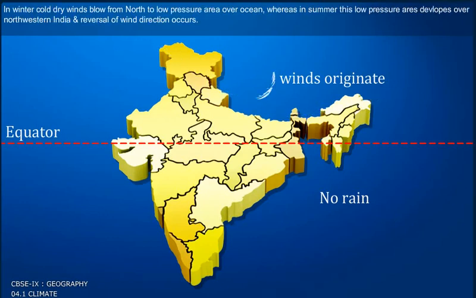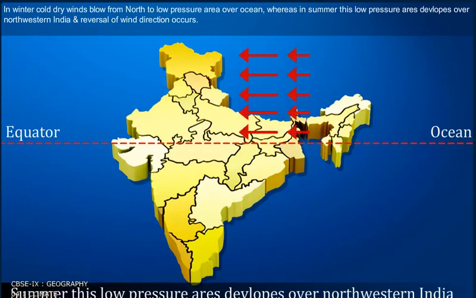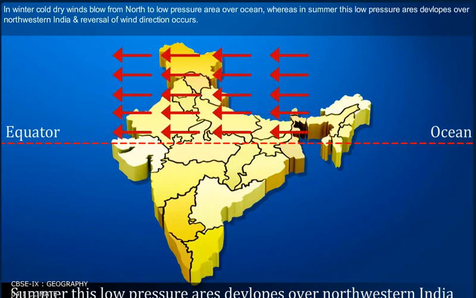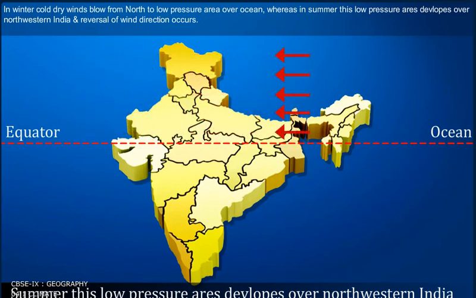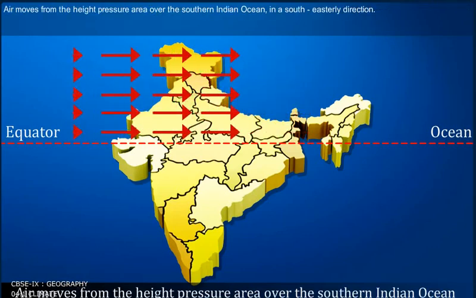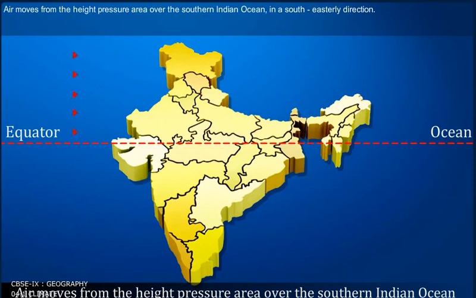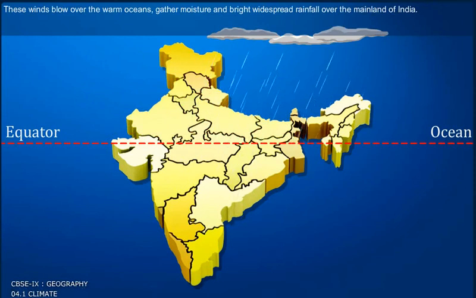In winter, cold dry winds blow from north to the low pressure area over oceans, whereas in summer this low pressure area develops over northwestern India and reversal of wind direction occurs. Air moves from the high pressure area over the southern Indian Ocean in a southeasterly direction. These winds blow over the warm ocean, gather moisture and bring widespread rainfall over the mainland of India.